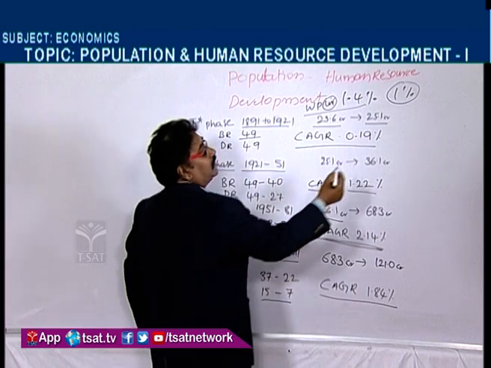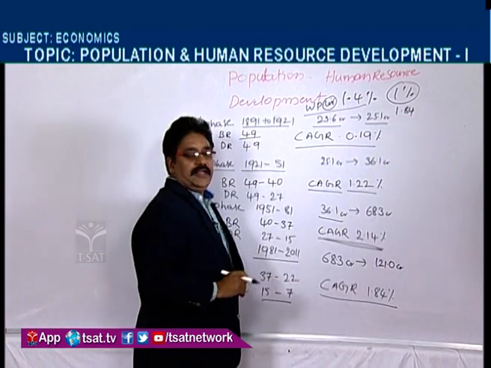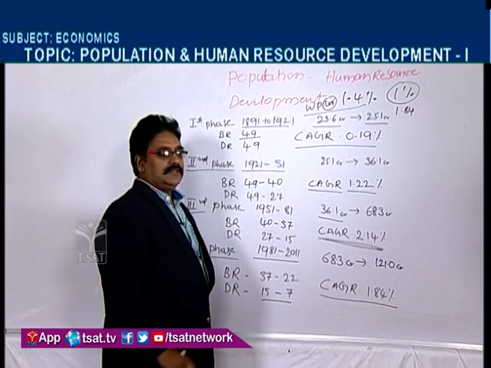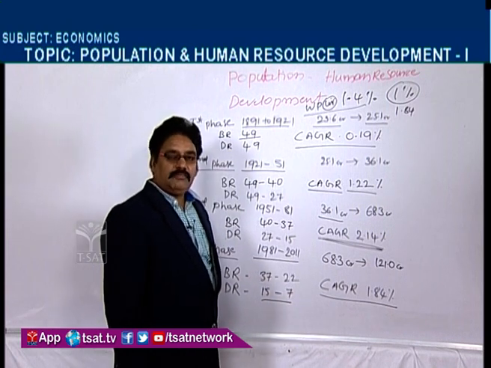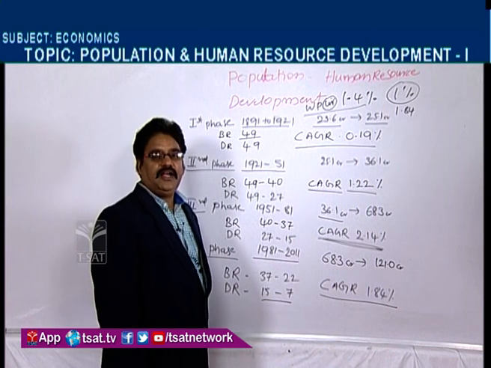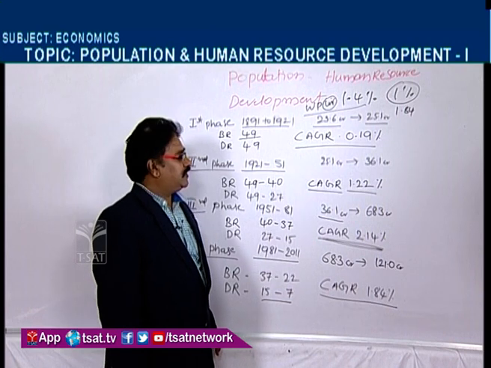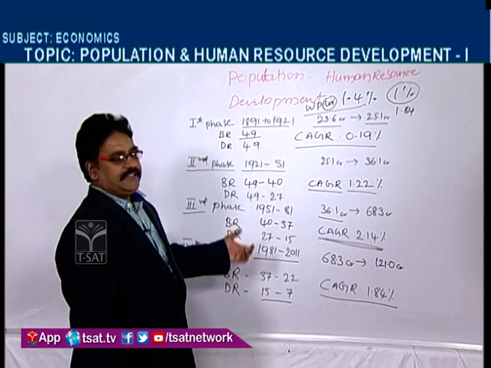But in India, it is increasing at 1.84%. That's why analysts expect that by 2050 we may cross China's population and become the world's largest populated country. This is the situation regarding population details.